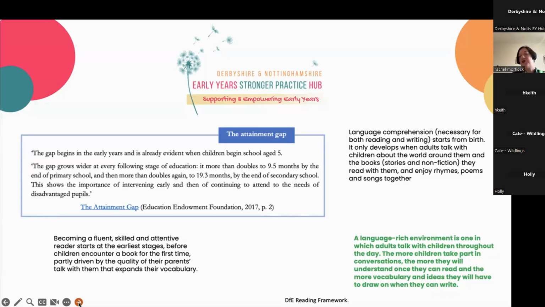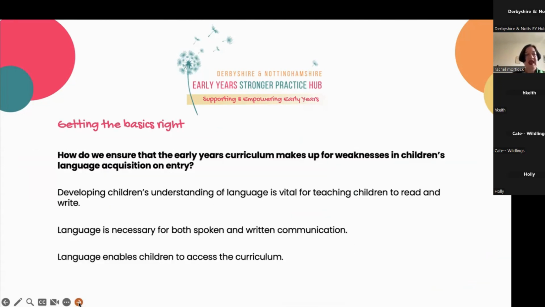And language comprehension that we need for both reading and writing starts from birth, and it develops when adults talk to children about the world around them, and they help children to put those experiences and that language into context. So what we have to think about is that children will enter our setting or our school with different experiences.